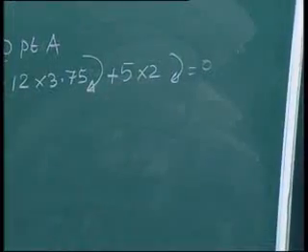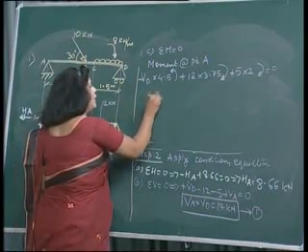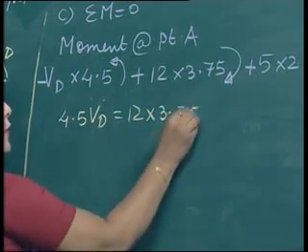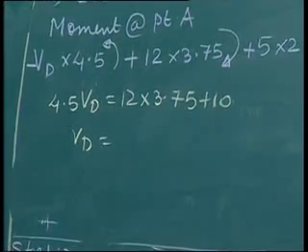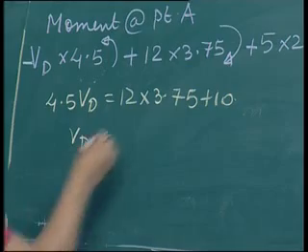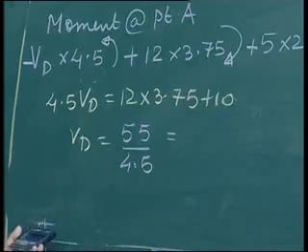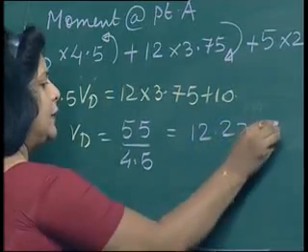So if I want to find the value of Vd, 4.5 Vd is equal to 12 into 3.75 plus 10. So Vd is equal to 12 into 3.75 plus 10, that is 55, divided by 4.5, and that is equal to 12.22 kilonewtons.